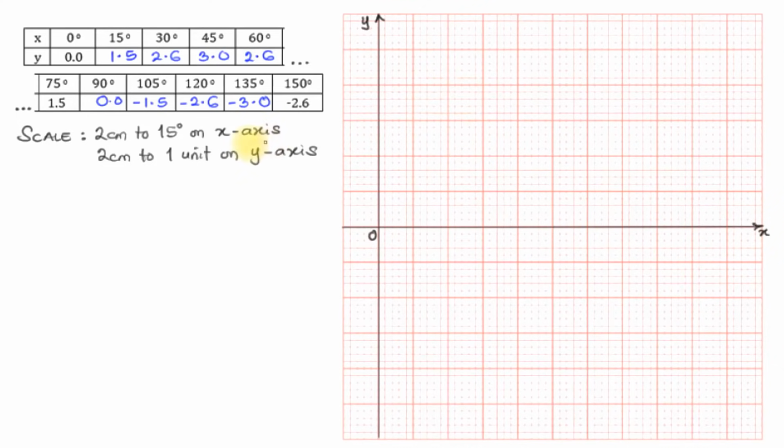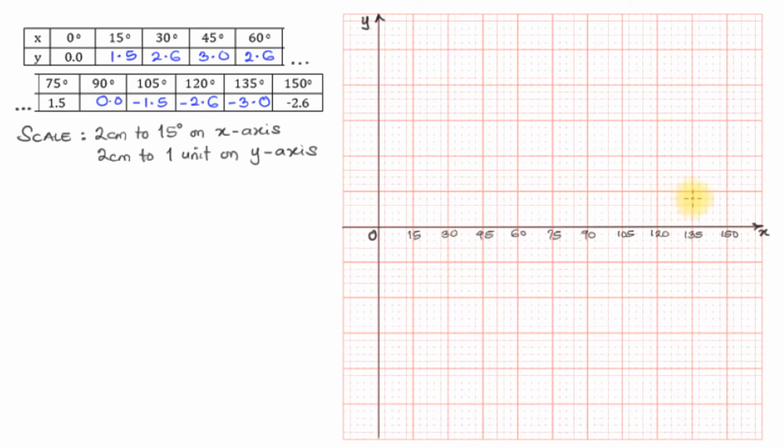Now, if we want to scale appropriately, we've been told that we need to have 15 degrees represented by 2 centimeters on the x-axis. So this will be 15, 30, 45, 60, 75, and 90, 105, 120, 135, and 150.